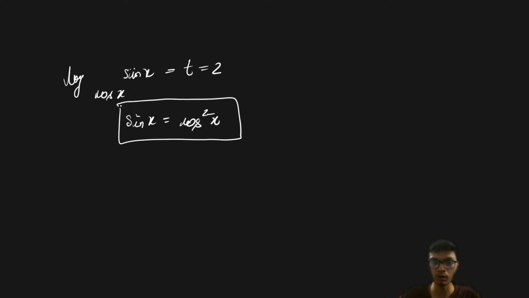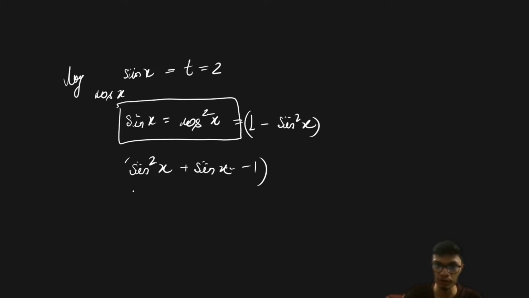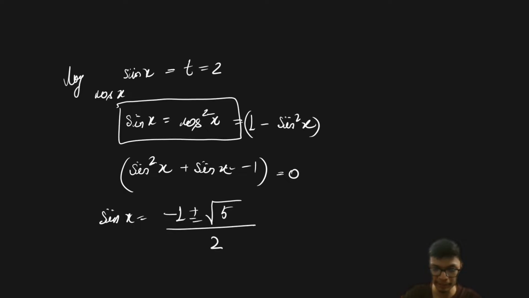Now I can always write this cos square x as 1 minus sin square x. So from here I will get a quadratic equation in sin x, that is sin square x plus sin x minus 1 is equal to 0. So from this part I will obtain the solution in sin x, and our solution of sin x by using the Sridharacharya formula is going to be minus 1 plus or minus square root of 5 divided by 2.